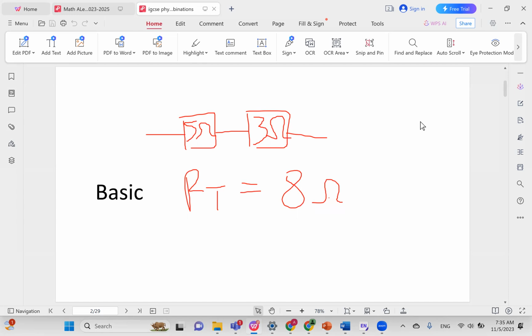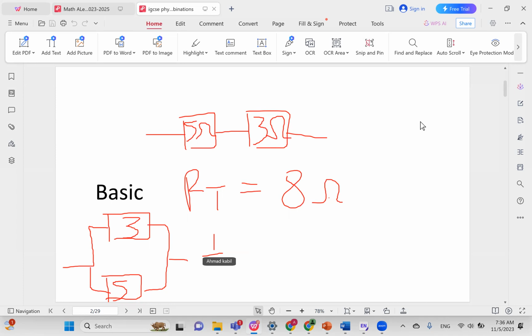If we connect them in parallel, so this would be 3 and this would be 5, the total resistance will be as follows. 1 over R total is equal to 1 over 3 plus 1 over 5.